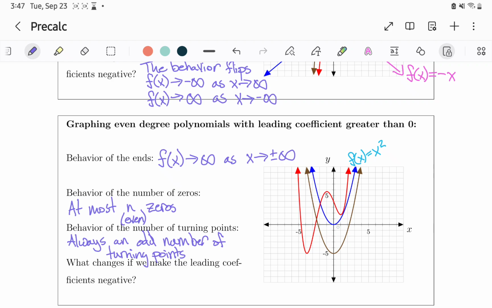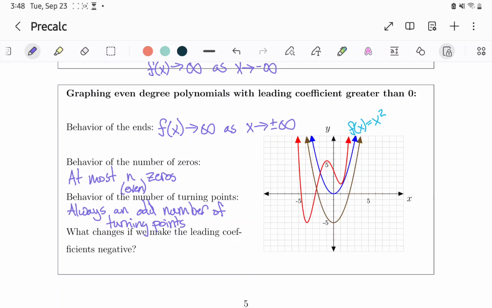So if we look at all three of our graphs here, both the graphs in blue and in brown have exactly one turning point. They go from decreasing to increasing. And the graph in red, which again is another even degree polynomial function, has 1, 2, 3 turning points. So again, an odd number.